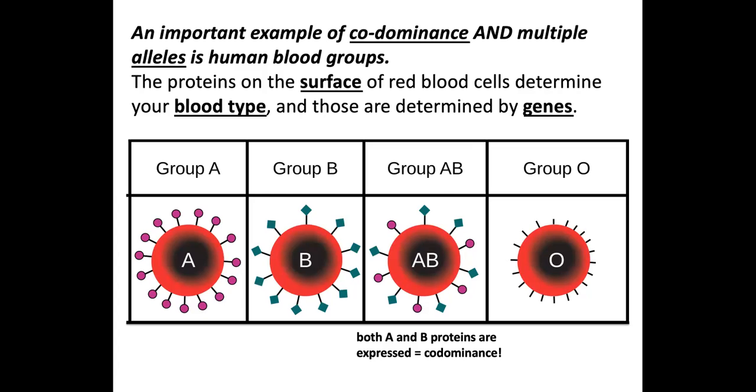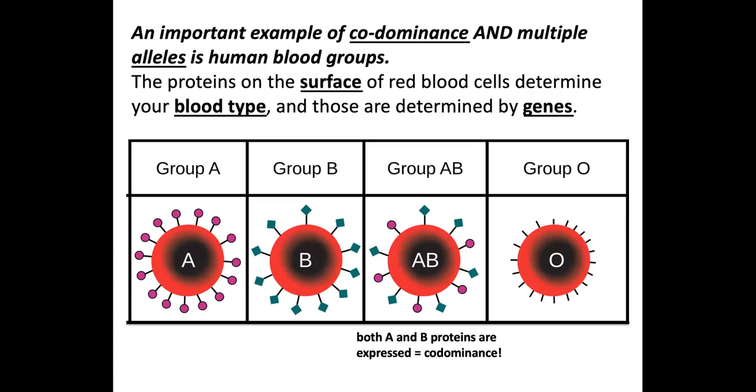So there are 4 possible blood types, okay? A, B, AB, and O. Those are the 4 blood types. So A and B are considered multiple alleles because we can see them more than one way. And I'm going to explain this all to you, okay?